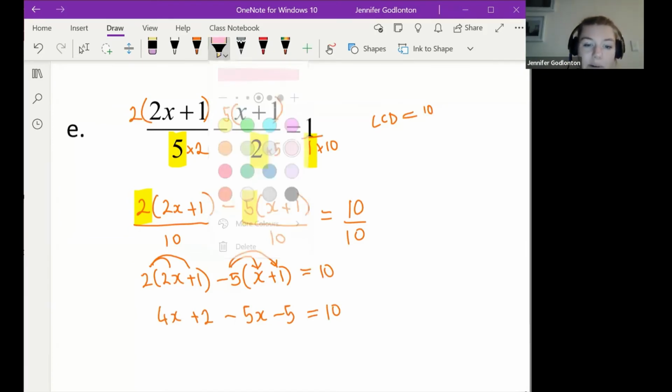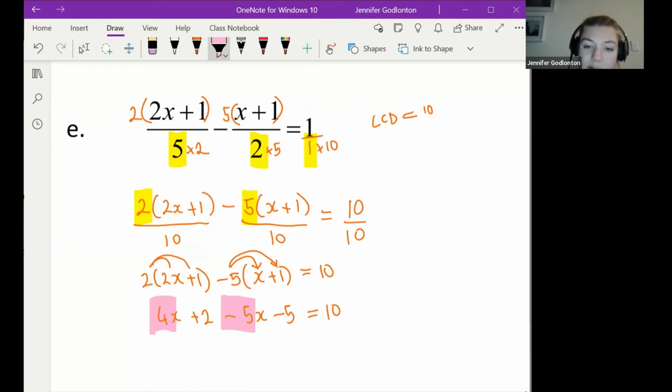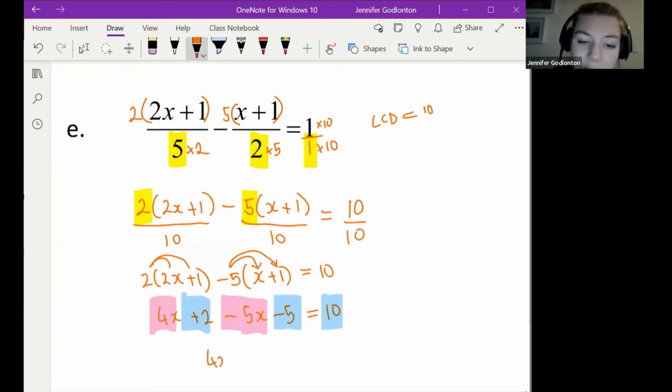And I want to get together what I want. So I want the x's on one side, and I want my numbers on the other side. We need its denominator to be 10, that's why we need to multiply that 1 by 10. So on the left-hand side, I'm going to have 4x minus 5x, and on the right-hand side, I'm going to have 10 plus 5 minus 2.